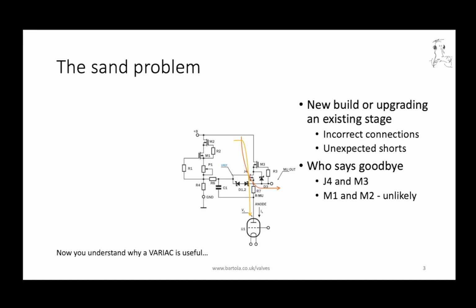So what was the problem, and what is the problem actually? Basically, when we are looking to design, build or upgrade an existing stage using the hybrid mu follower board and changing the topology, we face a very common problem, common amongst the builders, depending on the level of skill sets.